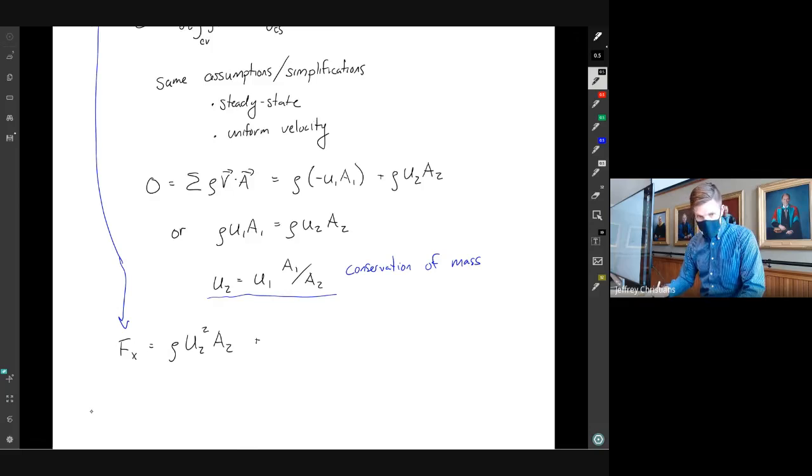So this is plus, or sorry, minus density times U2, am I getting this wrong? U2 A2 over A1, squared, times A1. Okay.